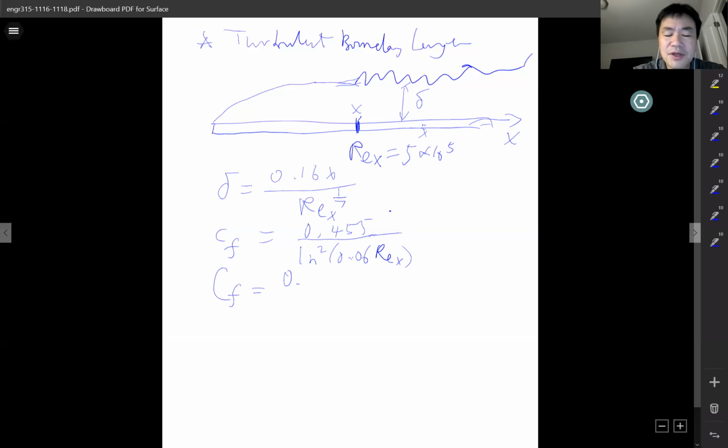You can use this CF to calculate the overall average shear stress and overall shear force. CF equals 0.455 over log squared of 0.06 Reynolds number L. Notice I use Reynolds number L, that's the overall Reynolds number to the end of the plate, minus 1520 over Reynolds number L.